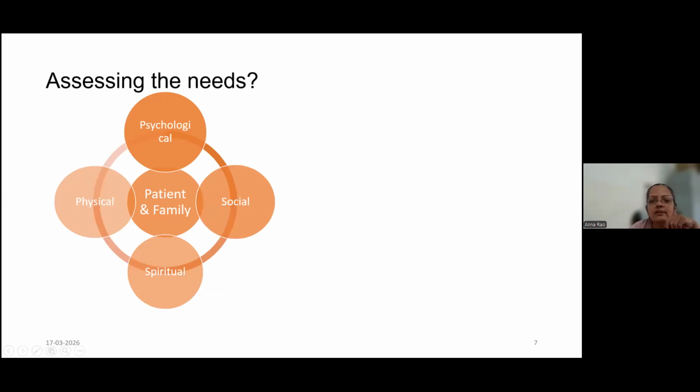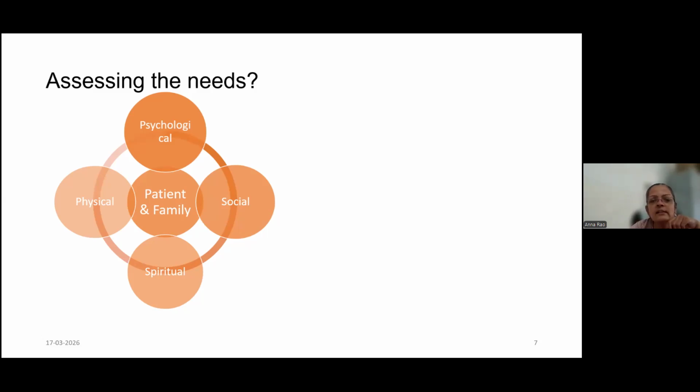I know these four circles you have seen many a time in your studies, right? And one more element is also added here. You can see in the center circle, right? The patient is not alone. His family is also involved. And none of the circles you can take away, right?